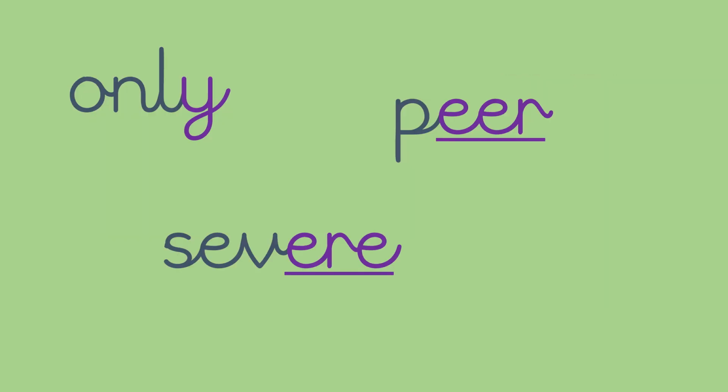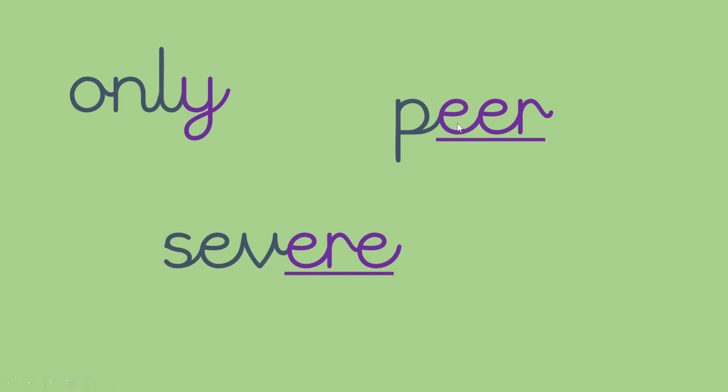Right, so only, at the top in the corner, the O says O in this word, only. And then the E sound that we were looking at is the Y at the end, only. Okay, the next word is the word peer. This one is the word that means your friends, people that are the same age as you, a peer.